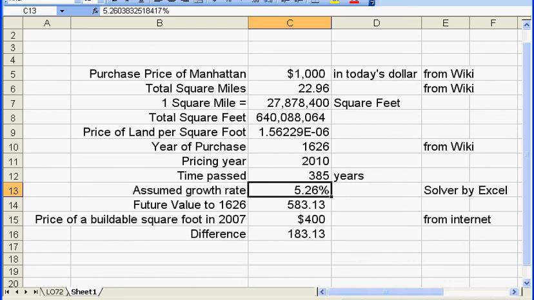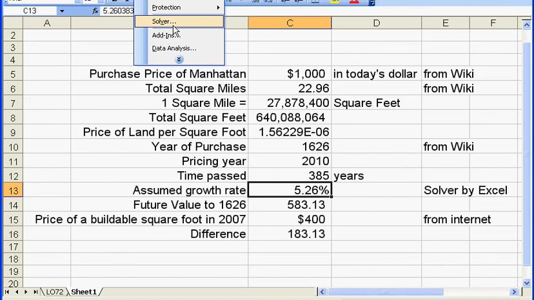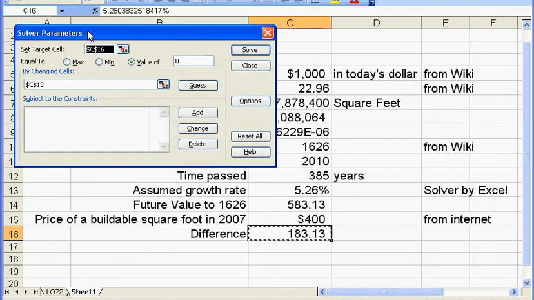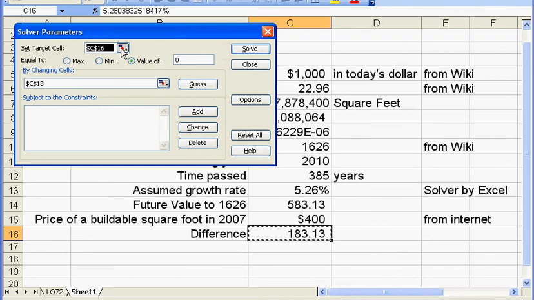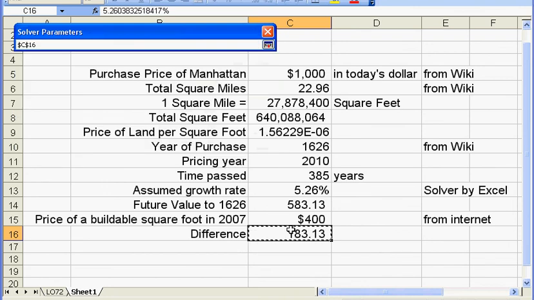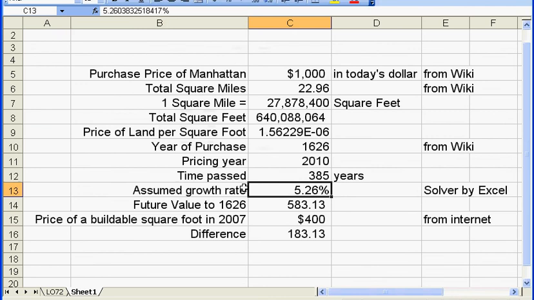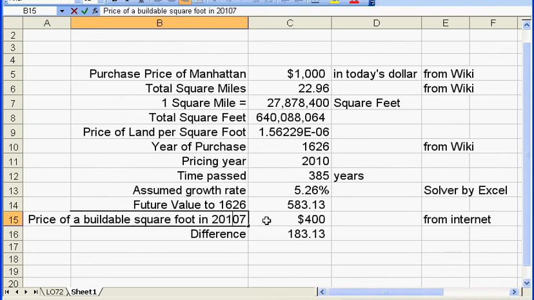Okay, now let's use Tools. You get Solver from the Tools. Here it is. The target cell is this one. You want it to be 0 so that your future value and this price will be the same. Okay, and let's close that because I want to change this one to 2010.